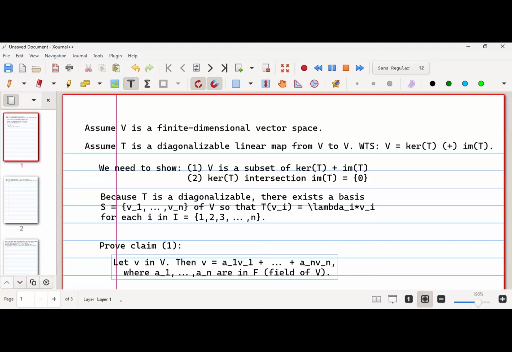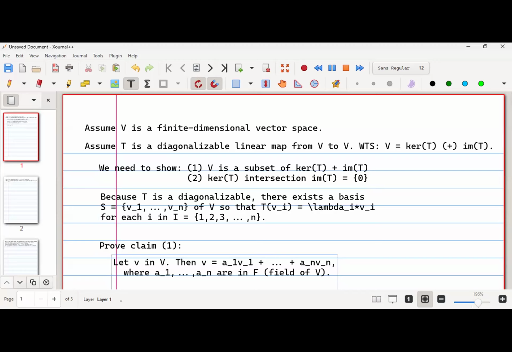Now, the question is, how do you write this as a sum of a vector in the kernel of T and a vector from the image of T? So it's a good idea to ask at this point, is there a way of representing vectors in the kernel of T using vectors from the basis that we created?